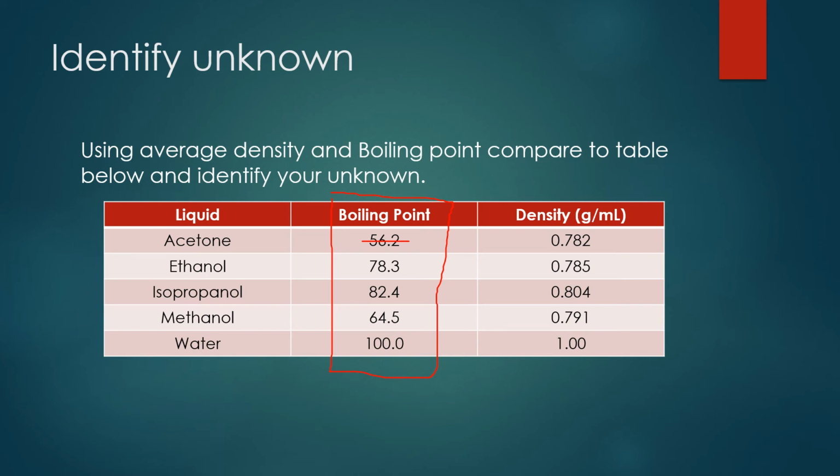Methanol's at 64, so that's way off from the boiling point we got from our data. Water's 100, and that's also way off. So now we've narrowed it down to 2 possibilities. So what I want you to do is use your average density calculation and compare to the 2 densities of ethanol versus isopropanol. And whichever one is closest, that will be your unknown.